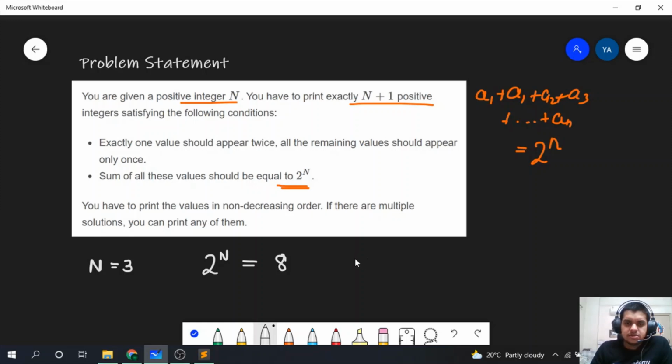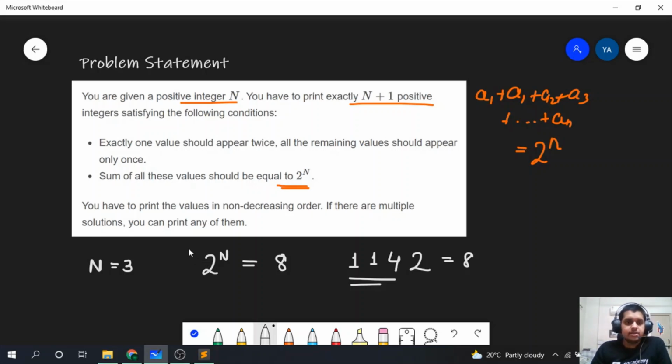The 4 values can be 1, 1, and say 4, and what remains is 2. So 1, 1, 4, 2. These are the 4 values. 4 plus 2 is 6, and 1 plus 1 plus 6 is equal to 8, right? So this is a valid answer in this case. This was a sample case.